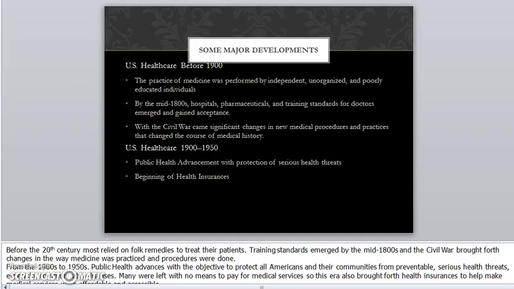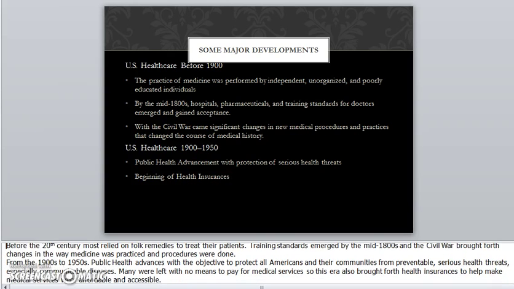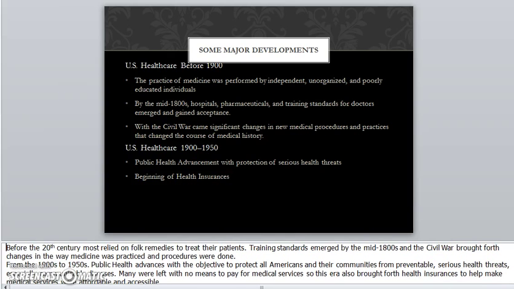From the 1900s to the 1950s, public health advanced with the objective to protect all Americans and their communities from preventable serious health threats, especially communicable diseases. Many were left with no means to pay for medical services, so this era also brought forth health insurance to make sure that medical services were affordable and accessible.